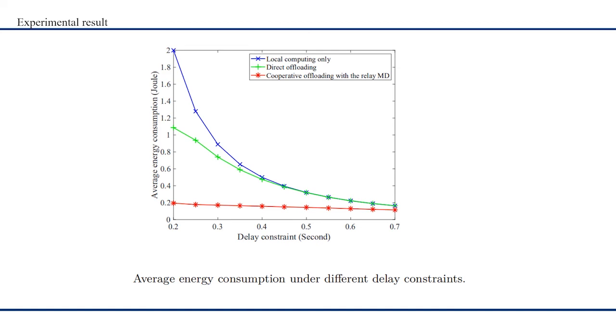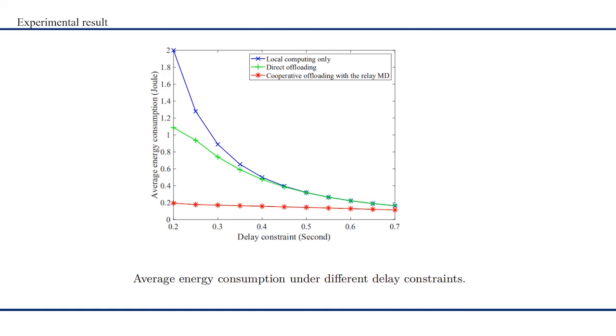Compared with the benchmark schemes, our proposed scheme has the smallest energy consumption at each delay constraint setting, while the local computing only scheme has the largest energy consumption because all tasks are placed on the local mobile device. However, with the increase of the delay constraint, the energy consumption of the three schemes gradually tends to the same scale.